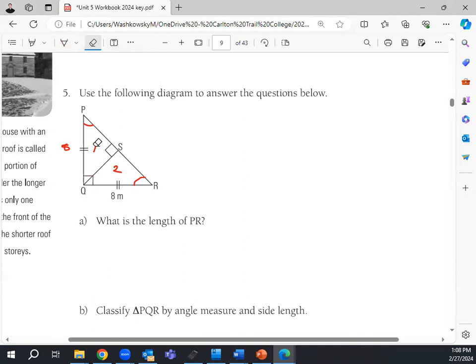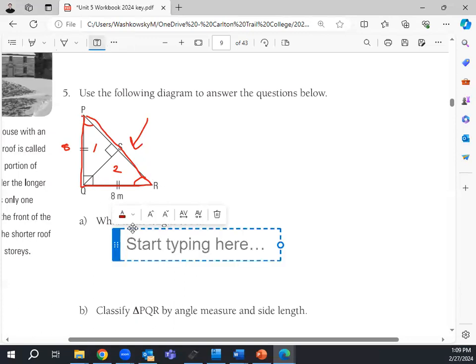Now, the other way to think about it is, I have a right triangle. I know two sides and I'm trying to find a third side. So what could I do with that information? If I'm using two sides to find a third side, I could use Pythagoras. If you have two sides trying to find another one, a squared plus b squared equals c squared.